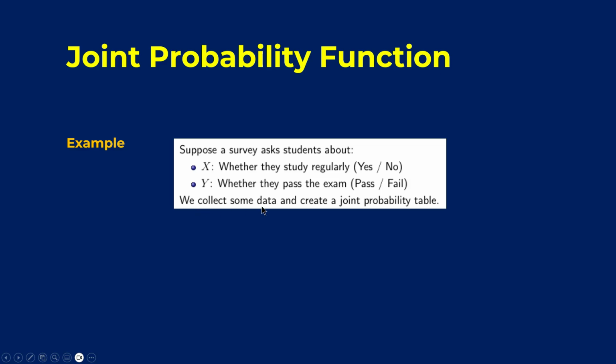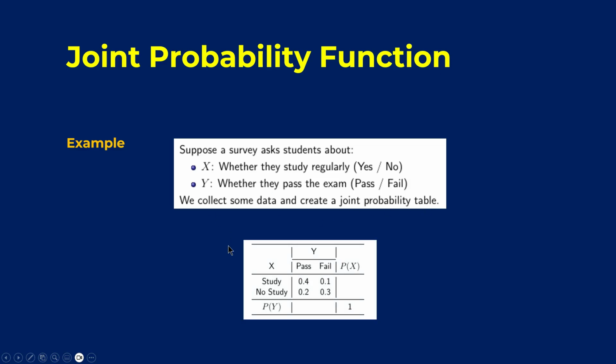So we collect some survey data, and then we create a joint probability table, which we saw in the previous slide. This is how the joint probability table will look. Again, in the middle, we have the joint probability values. If we sum these values, we can confirm that they add to 1. That is condition number 2 the joint probability function must satisfy.